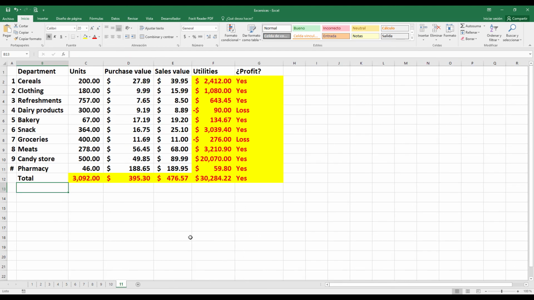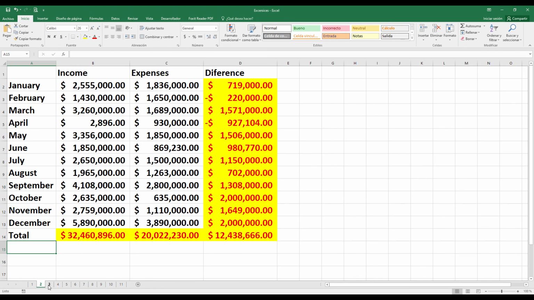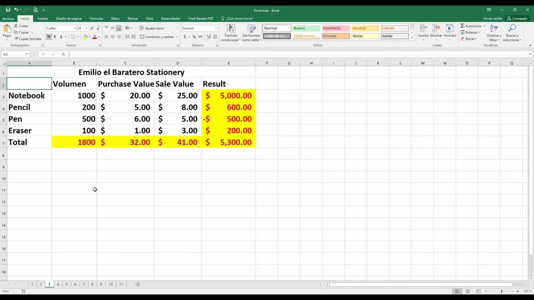So, the last one, number 11, is a format for a profit. Okay, this looks like the third one.